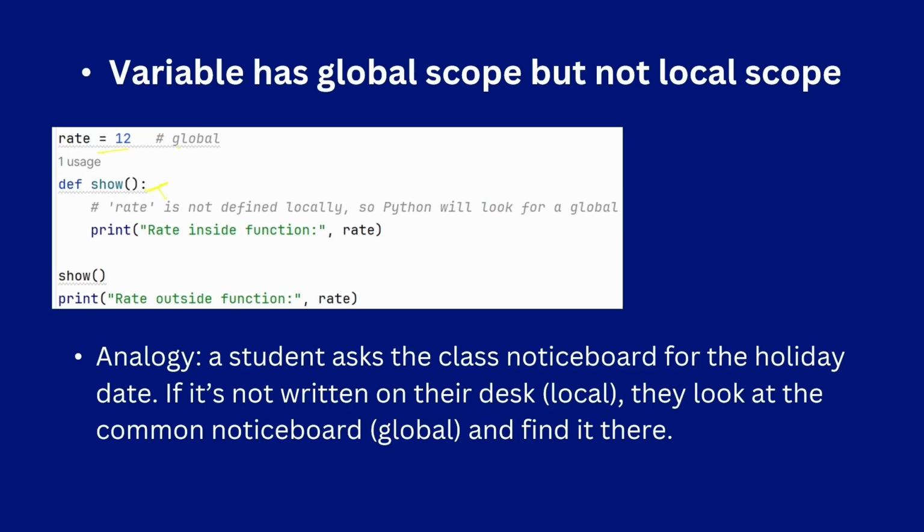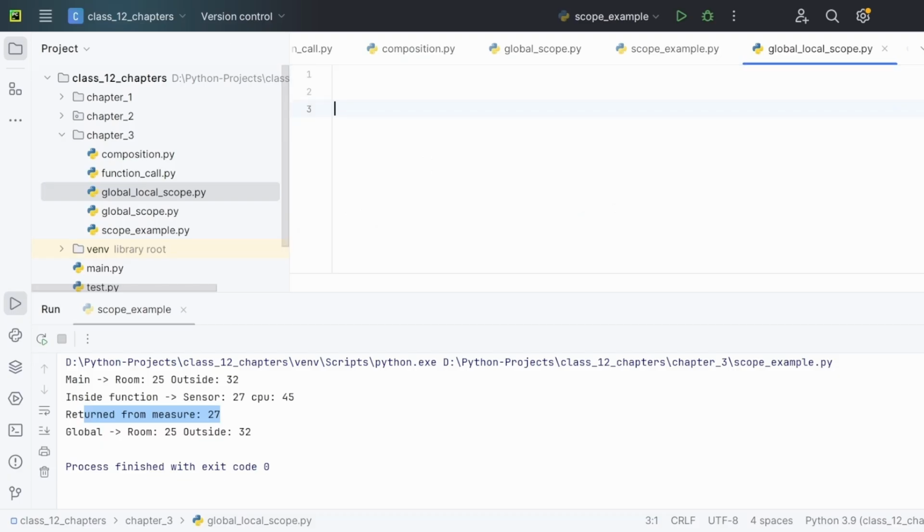I'll just show this on PyCharm. Okay, so I say x equals 50, and then I have this print statement, and then I call this function show.